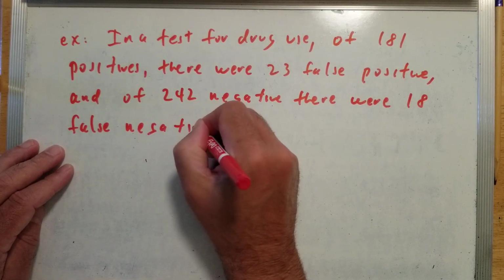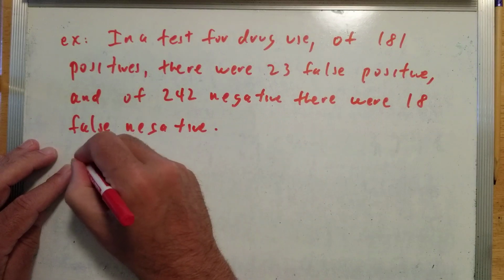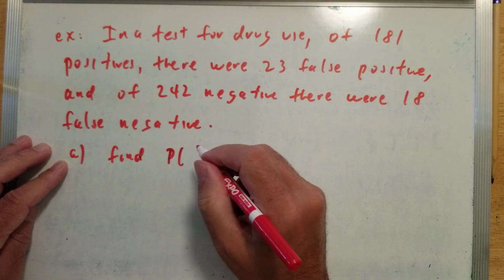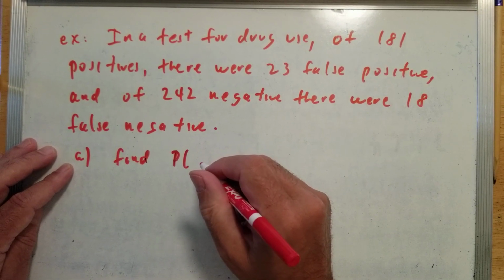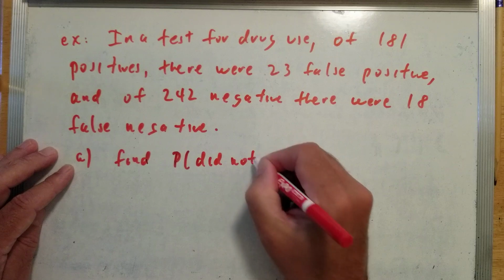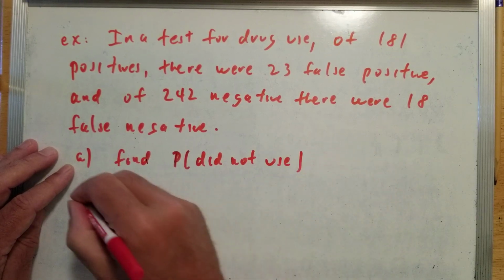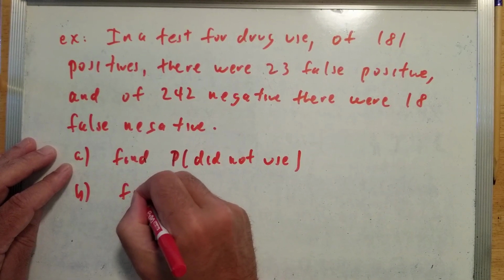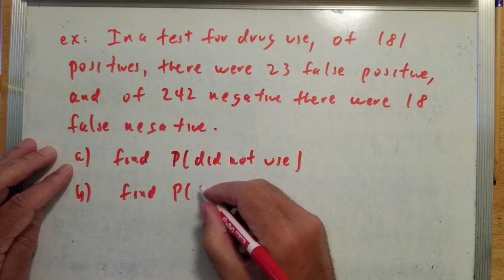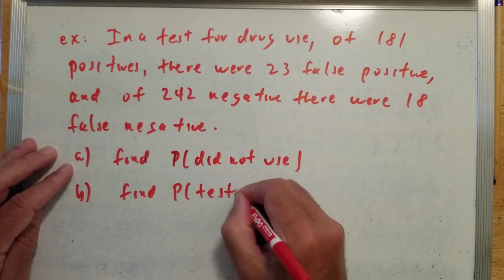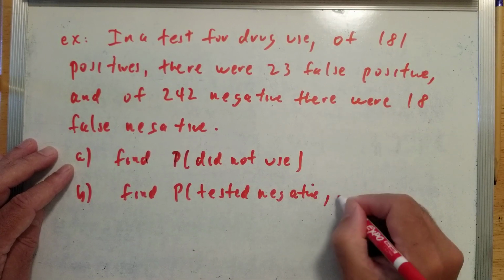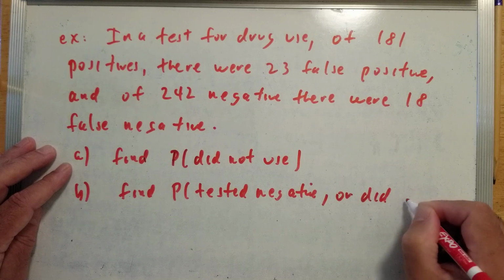So there are two questions. A, find the probability that a subject did not use drugs, and then B, find the probability a subject either tested negative or did not use.